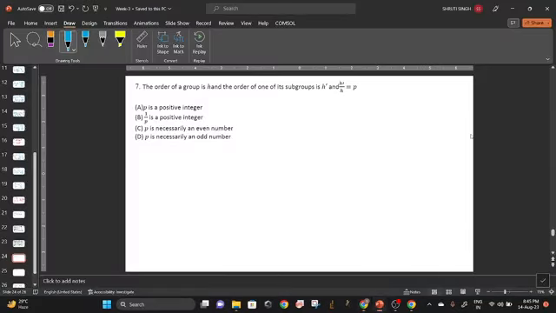Order of a group is H and order of one of its subgroups is H prime. Then H prime by H is P. So we have to write for P. P is a positive integer, or 1 by P is a positive integer, P is even, or P is odd.